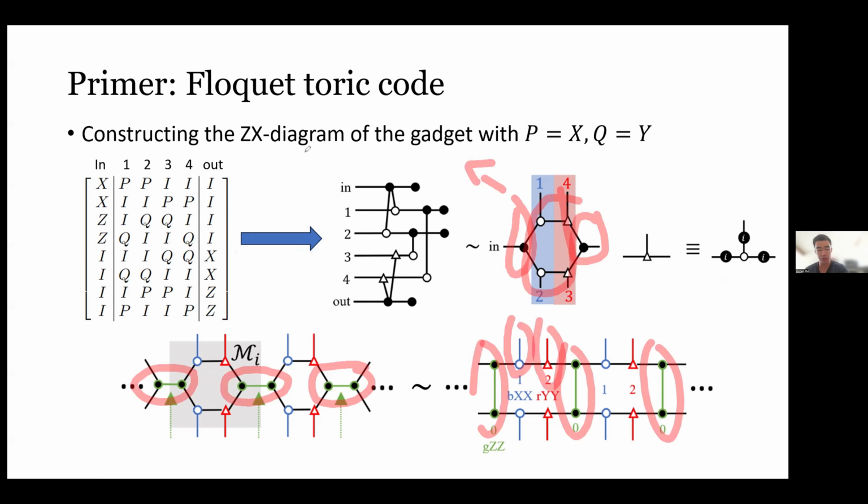They are going to be connected to other X and Y tensors at nearby gadgets. So suppose you have another gadget somewhere here, it will be connected, and whenever these 2 gadgets are connected, you perform a pairwise measurement in X. Just to illustrate what the circuit will look like after connecting these gadgets, we have this.